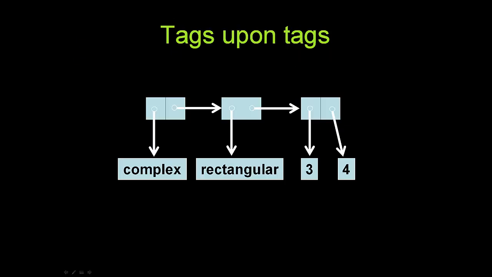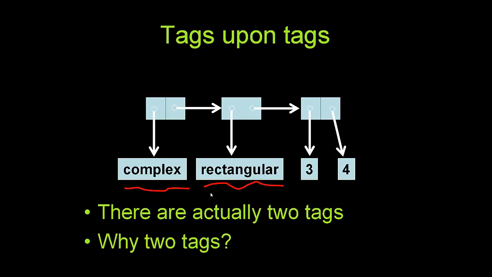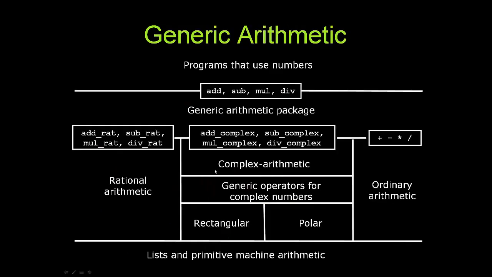Alright, let's take a look at how the data will look in this world. This particular picture here is an example of data. And now there are two sets of tags. There is a rectangular tag and there's a complex tag. Now, why are there two tags? Well, we need one set of tags at this level, so when we look at the data object, we know whether it's a rational number object, a complex number object, or an ordinary number object, right?